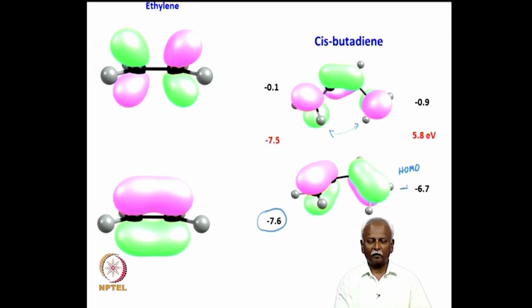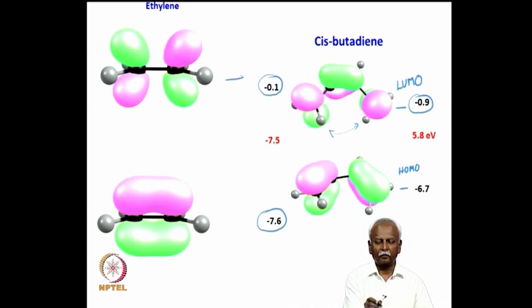So, now let us take a look at the LUMO. You will notice that the LUMO is at minus 0.1 electron volts in the case of ethylene, whereas in a corresponding calculation one estimates minus 0.9 electron volts for butadiene. So, this energy is lower, the LUMO is at a lower level compared to the LUMO of the ethylene.